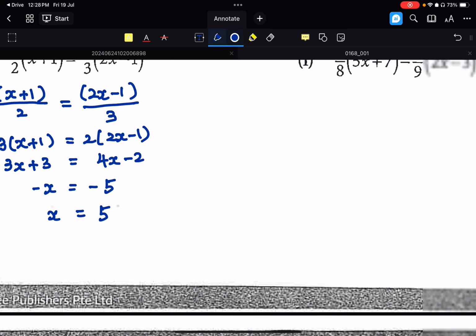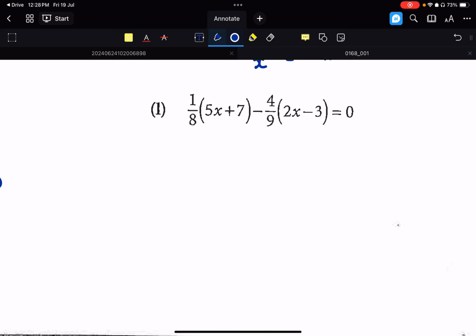Now on this side, what's the situation? Well, there's a few things we can do. Number one, we can rewrite it in this way. The 4 over 9 of the 2x minus 3, I could just move it to the other side of the equation. So it will be subtraction to addition, because I'm adding it on both sides.